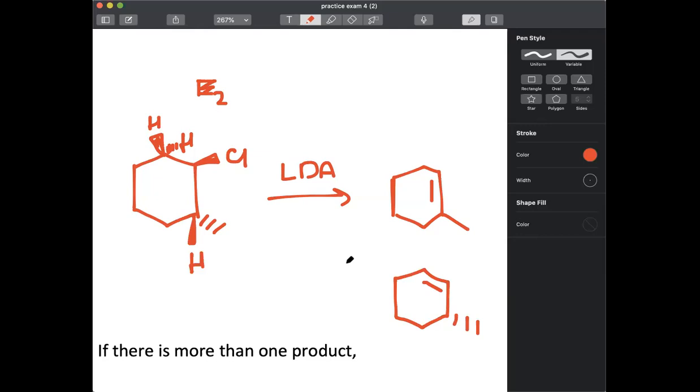What would you say? Right, the bottom, okay? And so this is where there's a conflicting concept, right? For cyclohexanes, and cyclohexanes, let me do this.